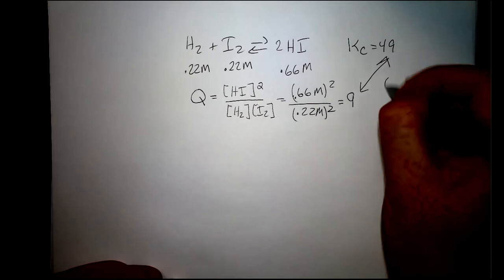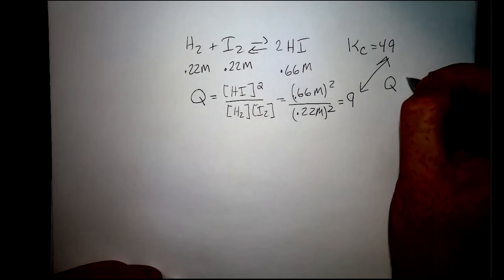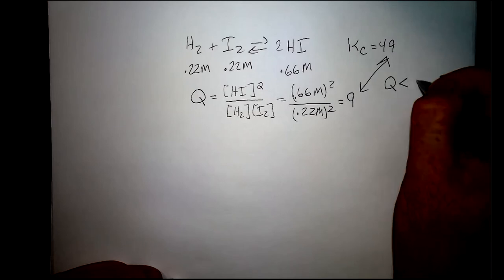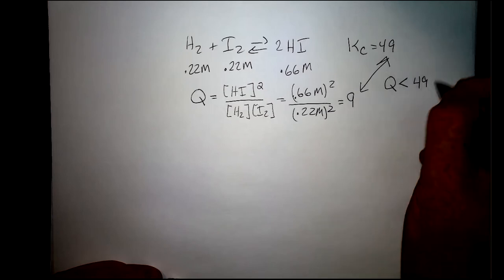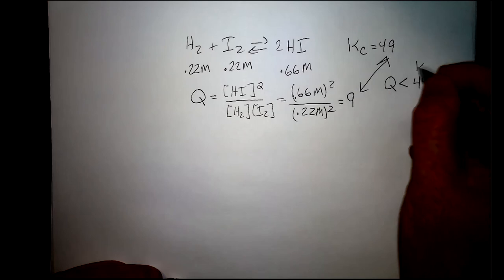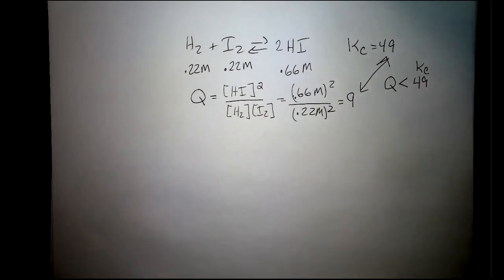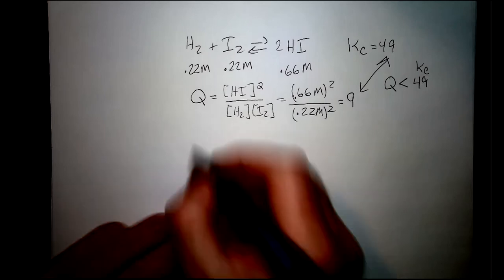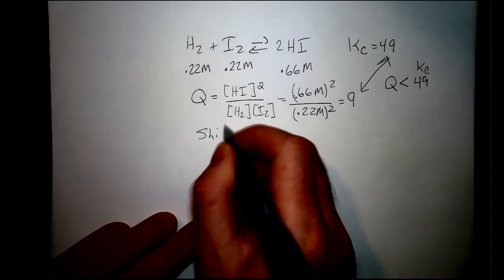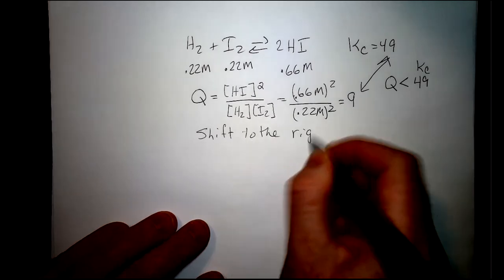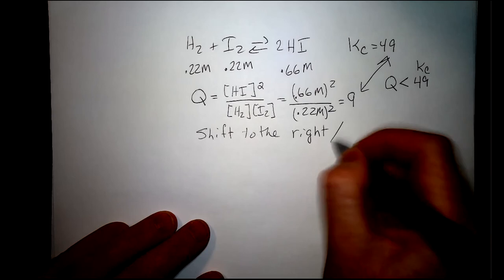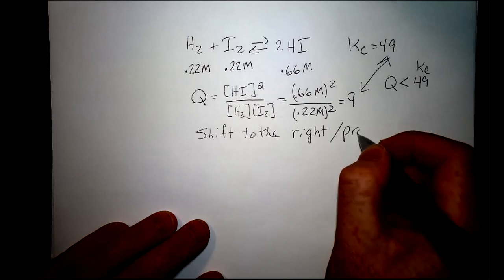So what can we say when we compare these two values? What we say is that Q is less than 49, right? Because 9 is less than 49. Or we say it's less than the Kc. So what does that mean? It means I need more products. So that means it's going to shift to the right, or towards products.